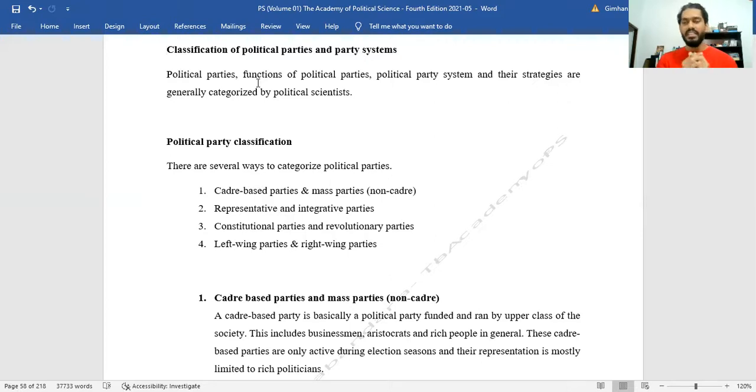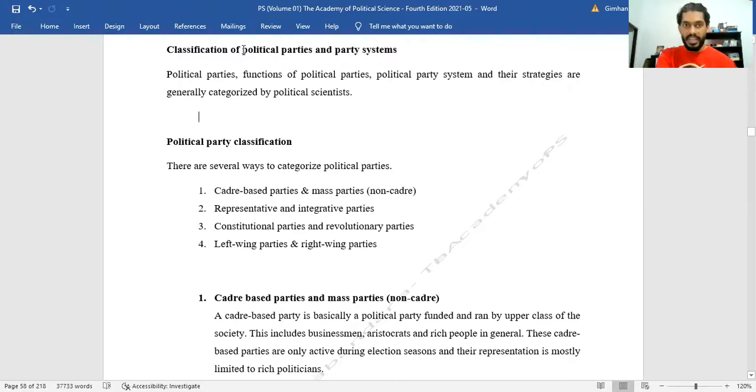This is something that really annoys me when people get these two mixed up, because it's very basic. As long as you pay attention, you don't get this mixed up. This is classification of political parties. Here, what we are doing is classification of political parties. The second part is classification of party systems.